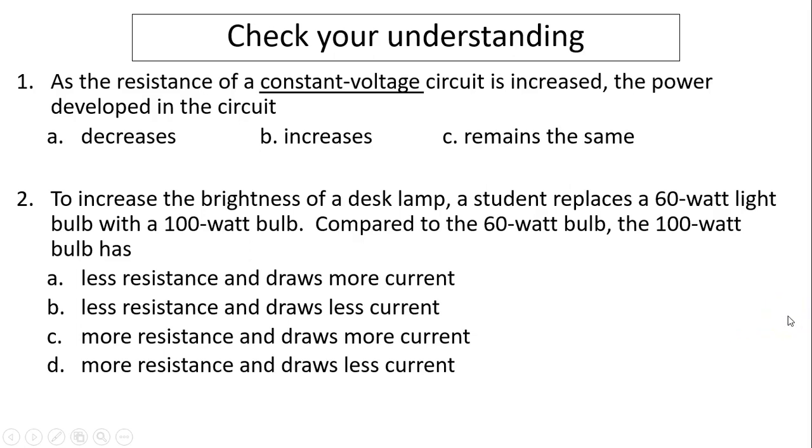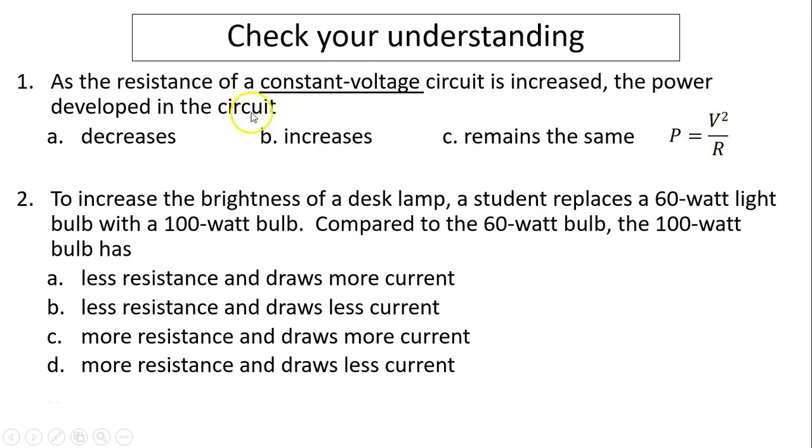Check your understanding. So as the resistance of a constant voltage circuit is increased, so this is V is constant. As R is increased, remember, P equals V squared over R. As R is increased, the power has to decrease because P equals V squared over R. Why do we choose this instead of I squared times R?